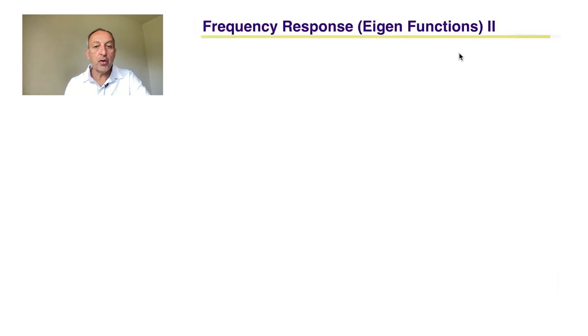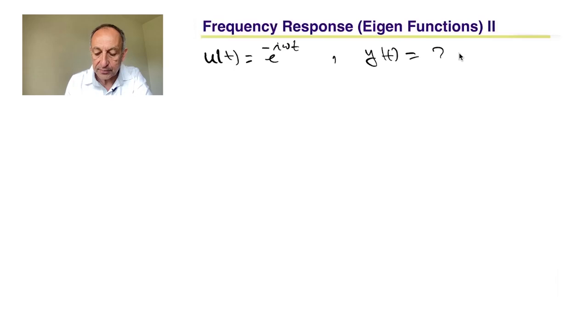So I'm going to do the computation for an input u of t equal to e to the minus I omega t, and I'm going to try to see what the output y of t is. Remember now, G is the linear system that I'm operating with, and it corresponds to a convolution kernel, little g of k.